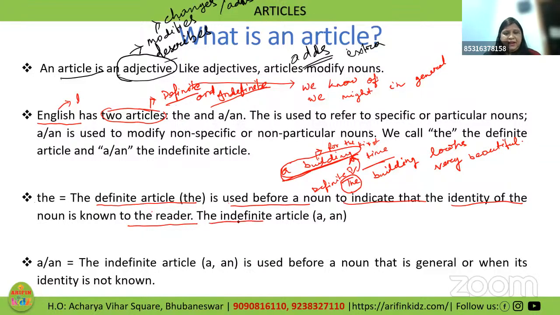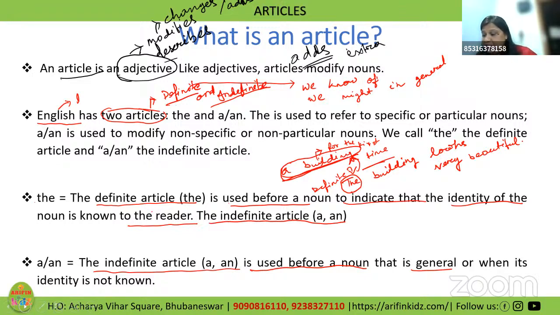And the indefinite article a or an is used before a noun that is general, or when its identity is not known, right? That means we are mentioning it for the very first time, right? Clear? I guess you all know all these things, right? This is not new for you.